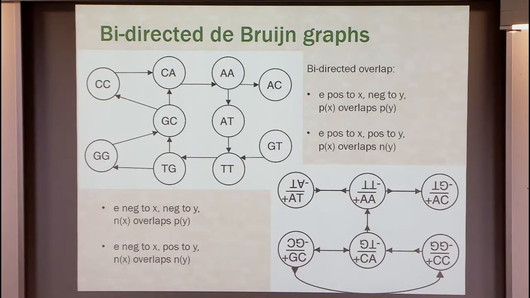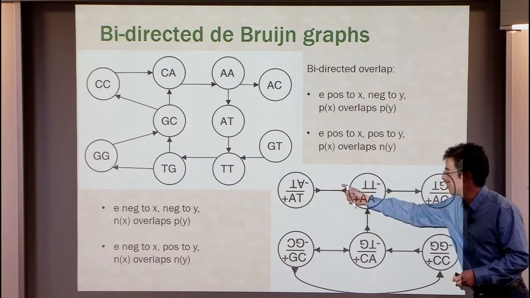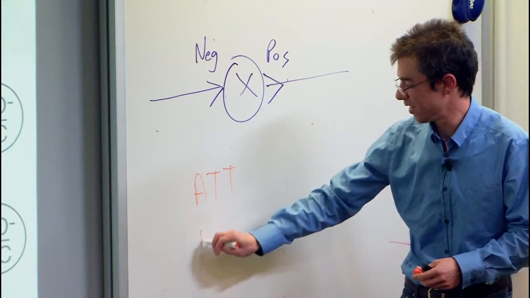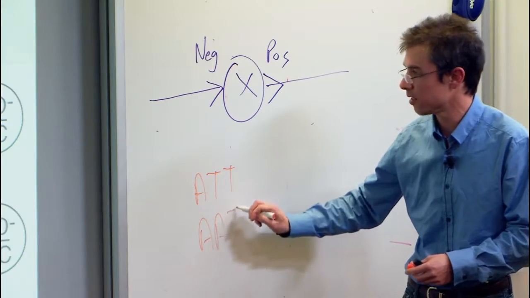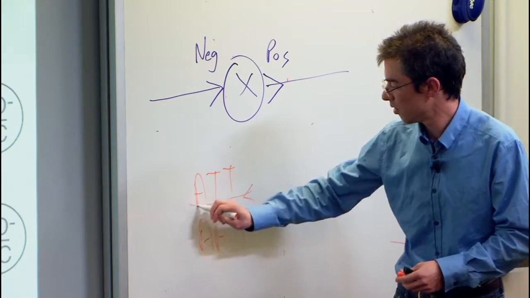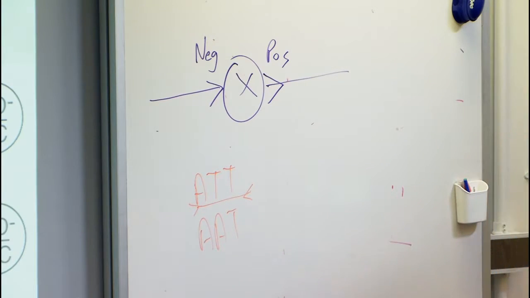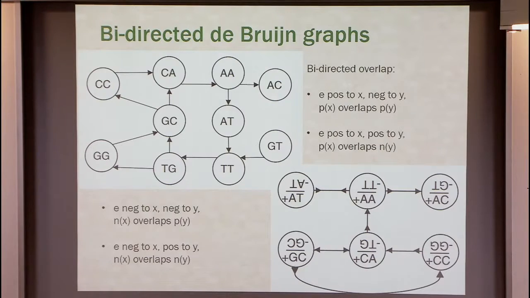The label here would be ATT, and the reverse complement is AAT. So this is the label of this edge. Now each node as well as each edge represents a k-mer and its reverse complement.